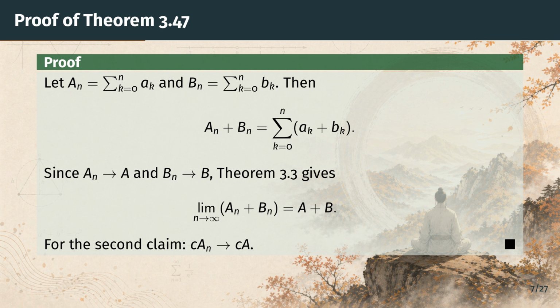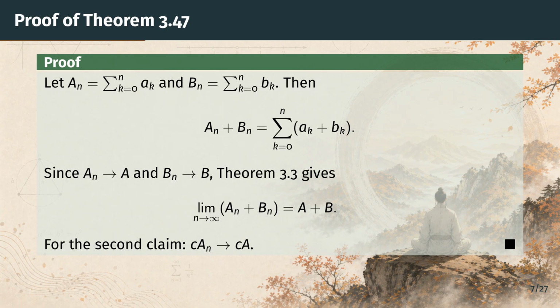Now both partial sum sequences converge to A and to B respectively. So by the arithmetic of limits, their sum converges to A plus B. The statement about the constant multiple is even simpler. The partial sums of the scaled series are C times capital A sub n, which converges to C times A.